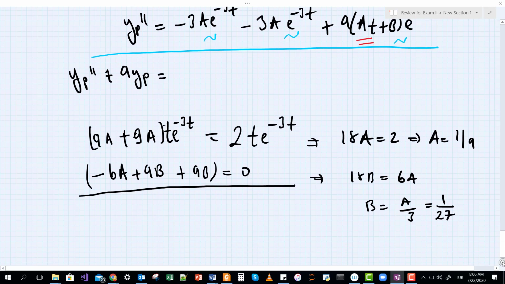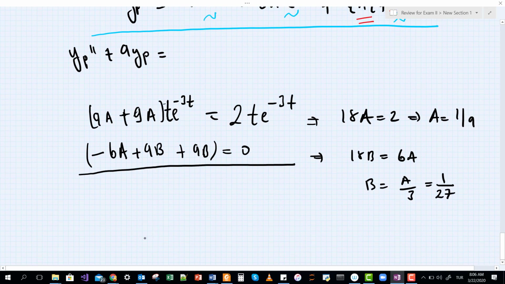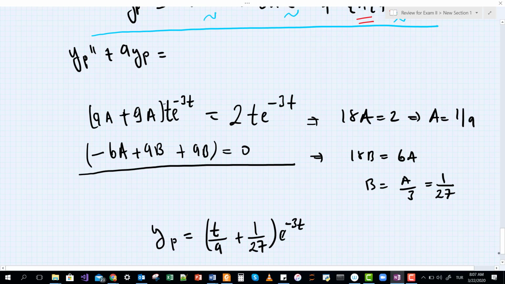Great. Now I can write my yp is equal to (t over 9 plus 1 over 27) times e to the negative 3t.